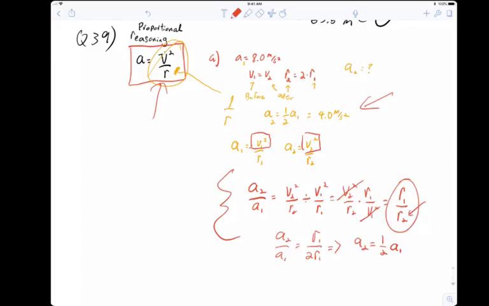The deal here, though, is that sometimes in an experimental lab, for instance, you don't know what these relationships are. You're not given an equation. All you're given is an experimental apparatus, and you do an experiment, and you look for relationships between the various variables that you'll be measuring, right? So in this case, you would control the values of v, double the value of r, and measure the different values of a.